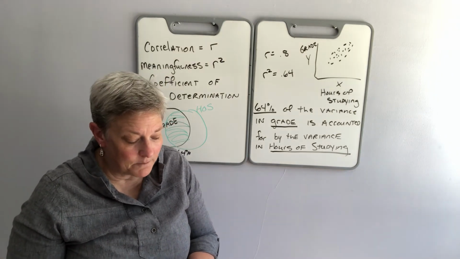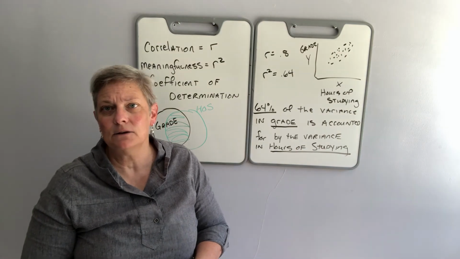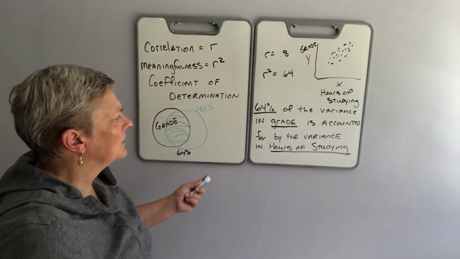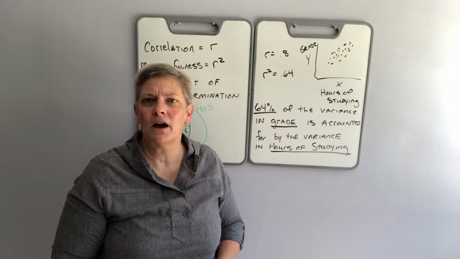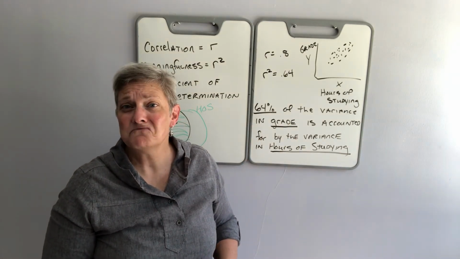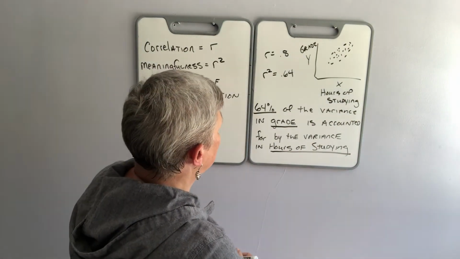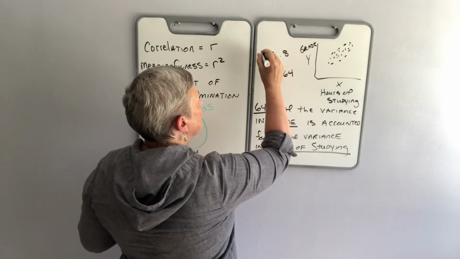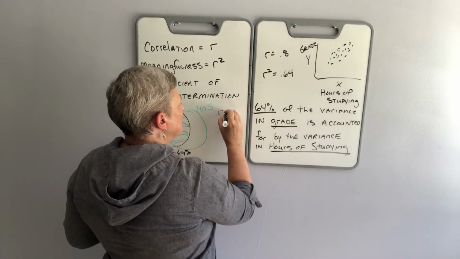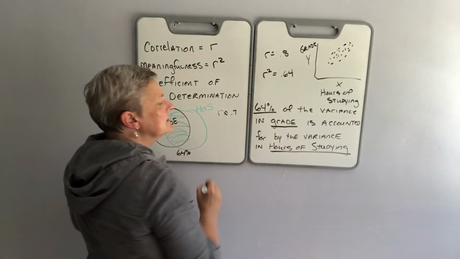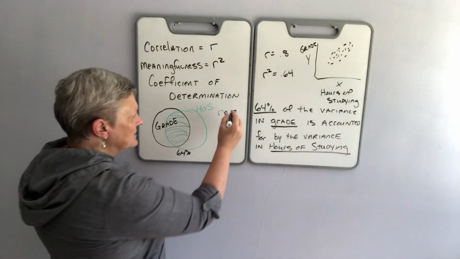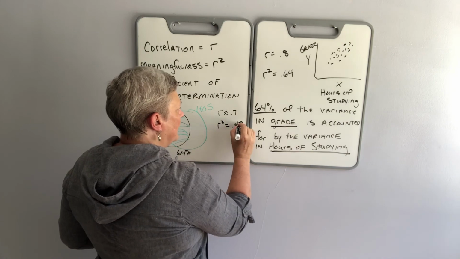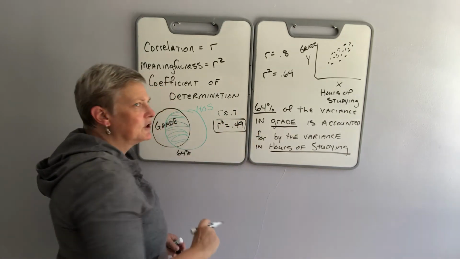The rule of thumb with collecting data in human studies anyway, and those are the studies I know best, is it's pretty good if you account for about 50% of the variance. 50% of the variance would mean I would have a correlation R approximately equal to 0.7, because 0.7 squared equals 0.49, and 49 is close enough to 50.